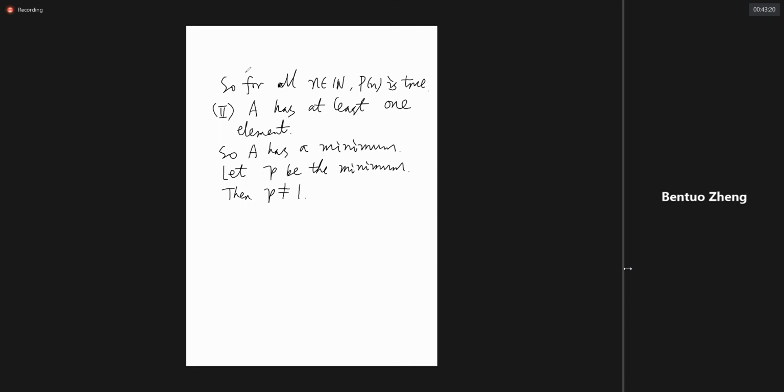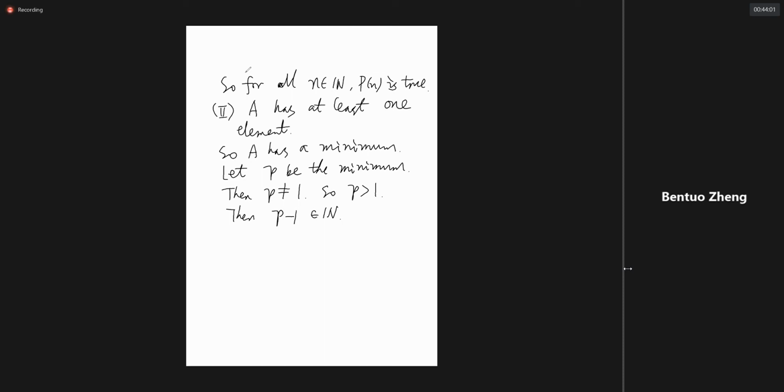Since P is not equal to 1, we can say P is greater than 1, because 1 is the initial element of the natural numbers. Since P is not the first element of the natural numbers, then we can claim P minus 1 is also a natural number.